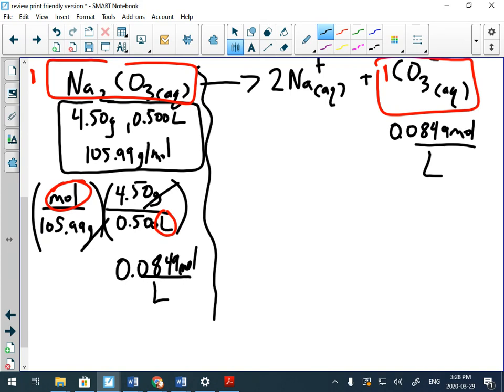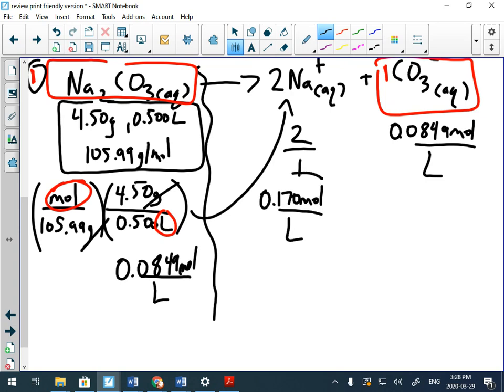Times by where you're going, divide by where you've been. So we're going to figure out what sodium is. Times by where you're going, 2. Divide by where you've been, 1. So we have twice the amount. So when I multiply that by 2, I get to 3 sig figs, 0.170 moles per liter. Now, 9 times out of 10, that's the answer.